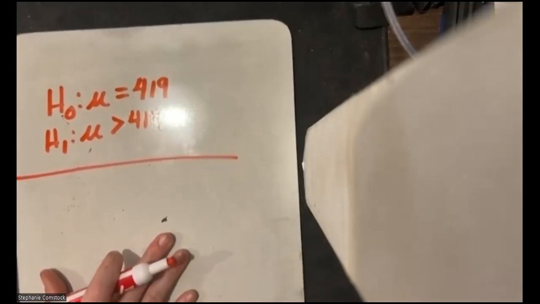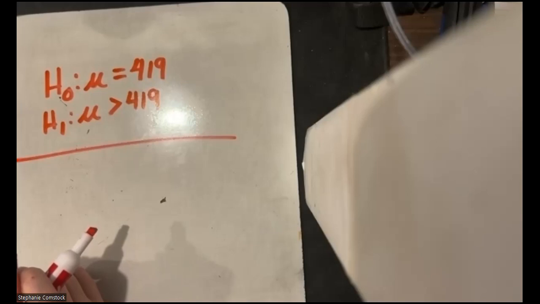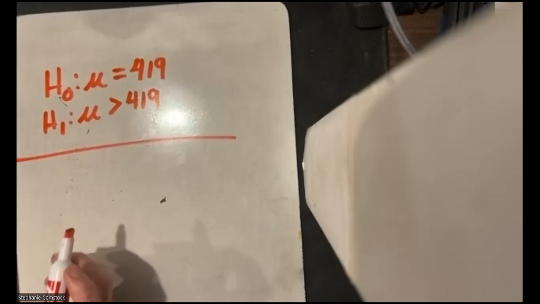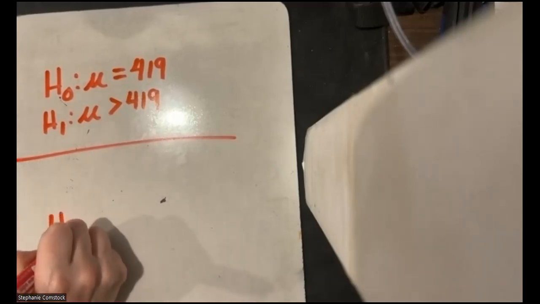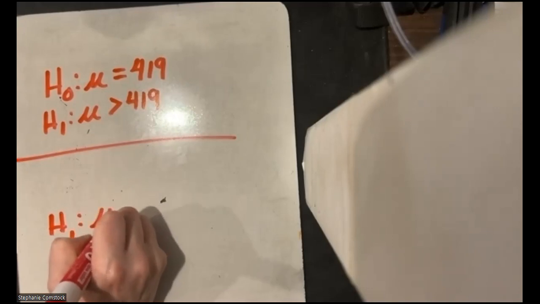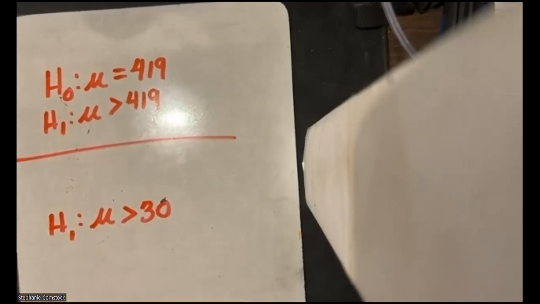Next one, we've got a restaurant owner who claims that the mean amount spent by diners in his restaurant is more than 30. Because of what he said, more than 30, I'm actually going to start by writing H1 because of the verbiage they used.